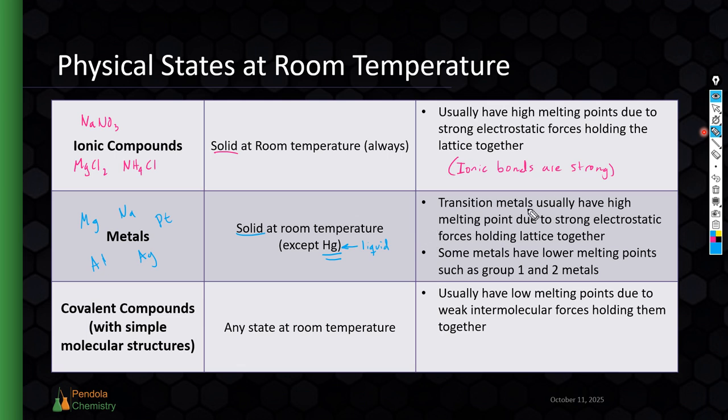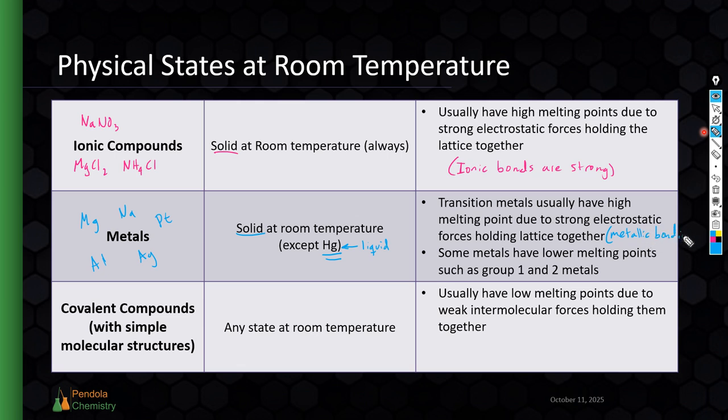But transition metals usually have really high melting points due to their strong forces holding the lattice together. Sounds familiar, right? It's the same thing that it says for ionic compounds. So what are these electrostatic forces? In this case, it is metallic bonding.